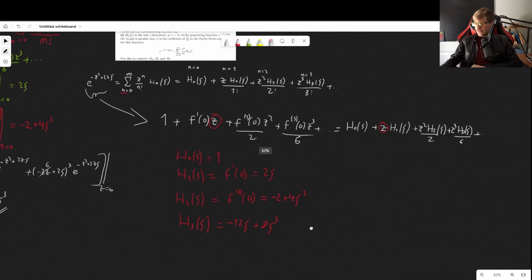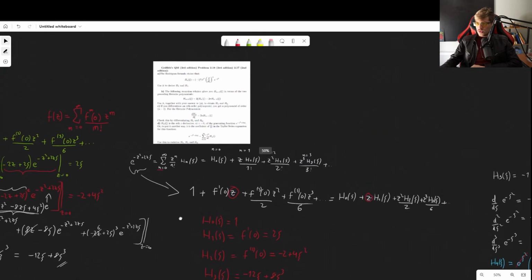And that's how you can find the Hermite polynomials using this formula.